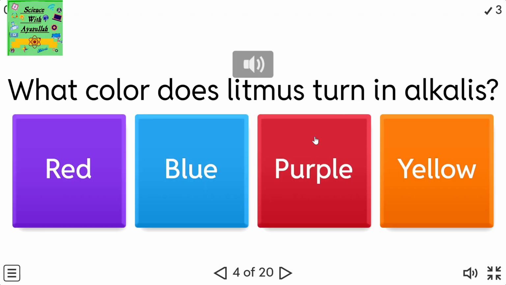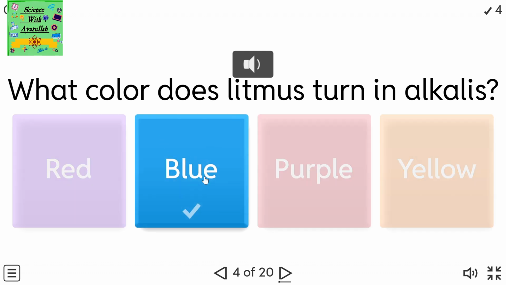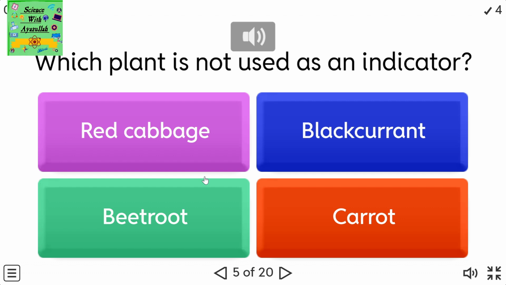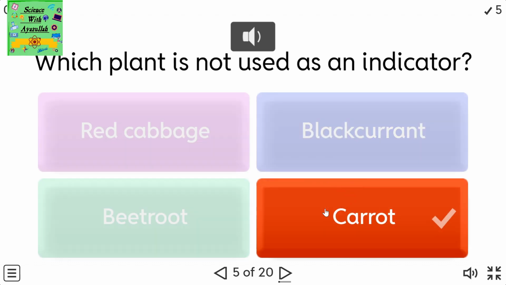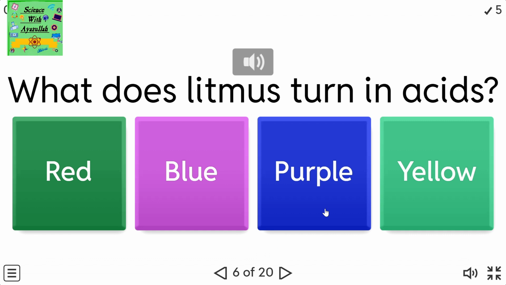What color does litmus turn in alkalis? Which plant is not used as an indicator? What does litmus turn in acids?